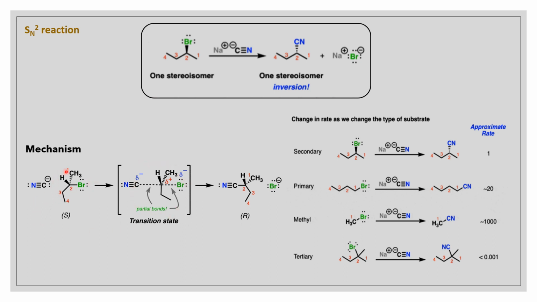Okay, so this is the starting compound that we consider. This substrate is written in this manner. 2 is the reaction center, and you have bromine as the leaving group, the atom which is being substituted. And here cyanide ion, or CN minus, is acting as the nucleophile.